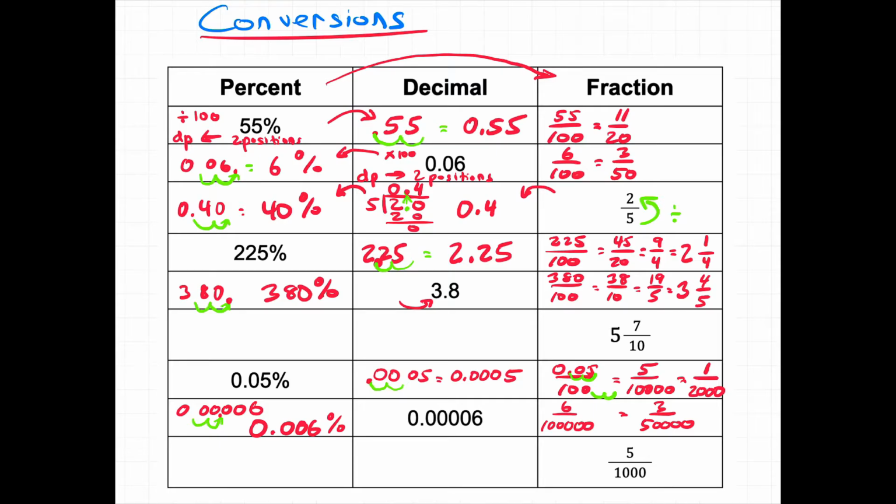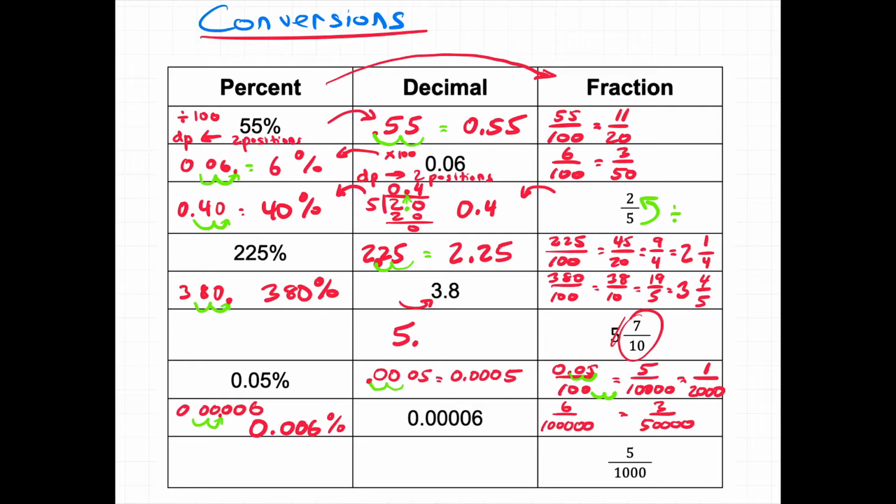Okay, now we'll move down to the line that has 5 and 7 over 10. We're just going to take that 5, and that's a whole number, so it's going to be like 5 point something. Now we're just going to take a look at that fraction, which is 7 over 10. You should know at this point that 7 over 10 is equal to 0.7.